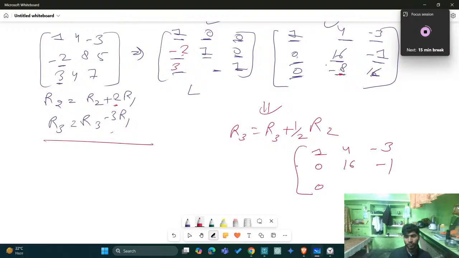So 1 by 2 of R2 is 8 minus 1 by 2 here, and we go like 32 minus 1, 31 by 2.